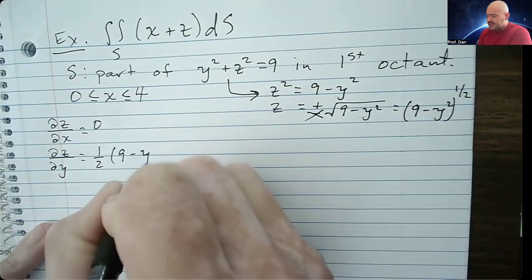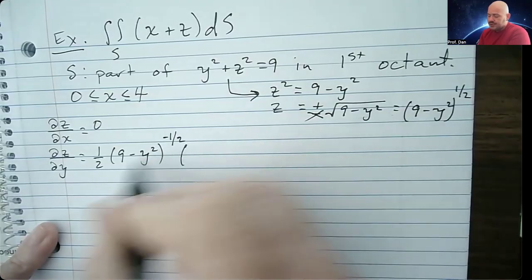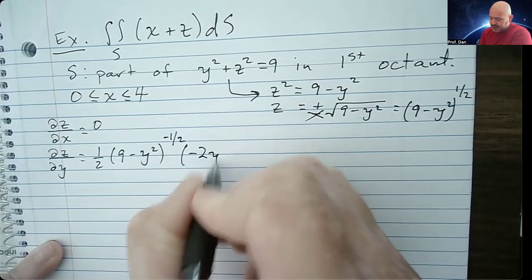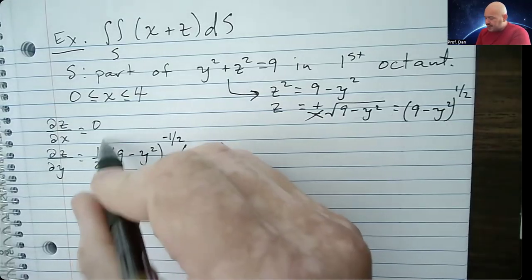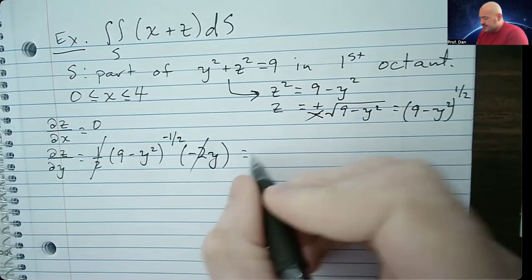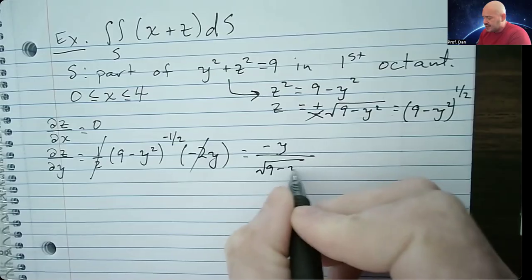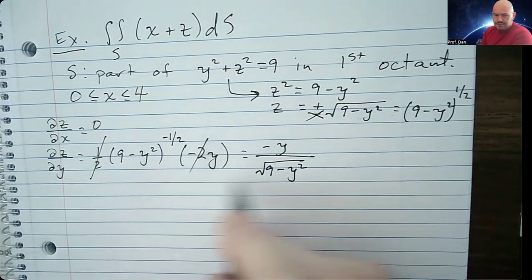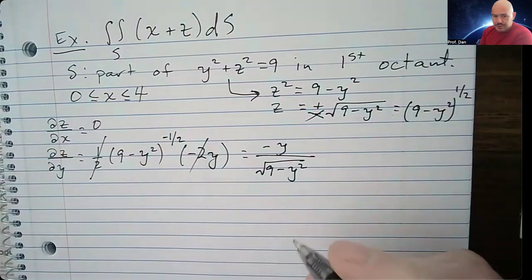I don't change the inside, I never change the inside. I take one away from the power, and then I multiply by the derivative with respect to y, which would be negative 2y. Multiplying that 1/2 times the 2 will leave behind a 1. And this is going to become negative y over the square root of 9 minus y squared. Negative exponent goes to the bottom, and the 1/2 power is the same as square root.